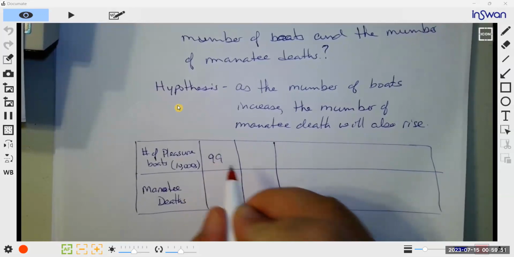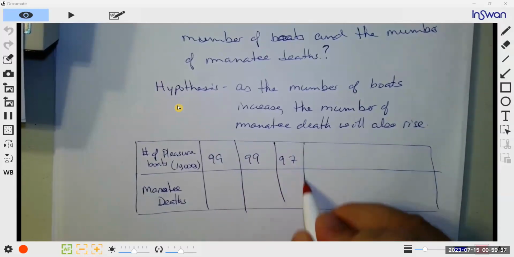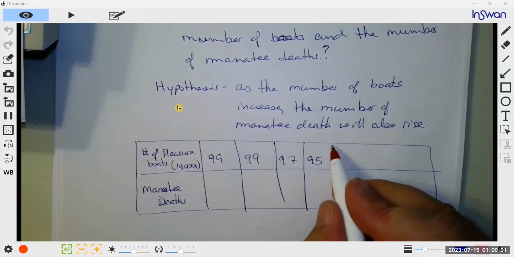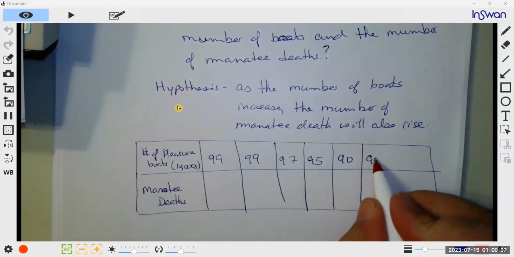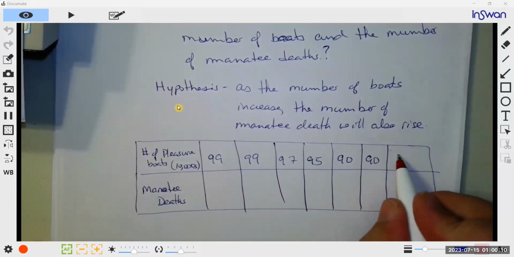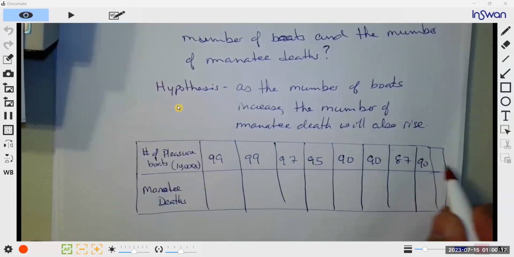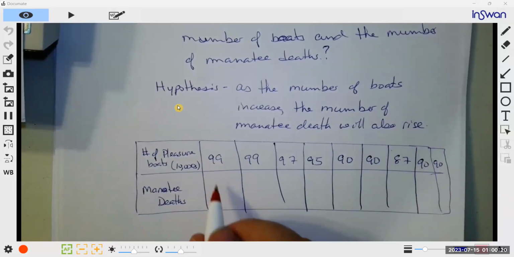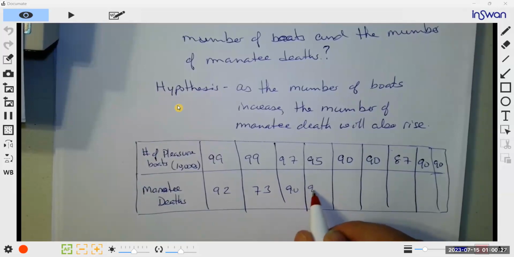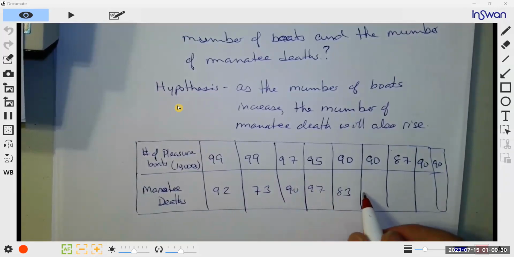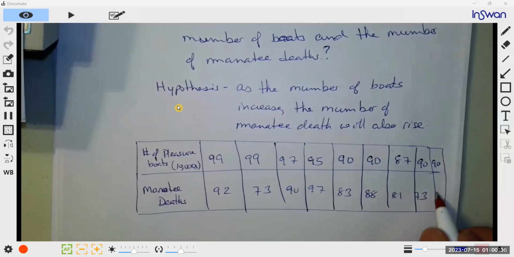So we have 99, 99, 97, 95, 90, 90, 87, 90, and 90. So 92, 73, 90, 97, 83, 88, 81, 73, 68.